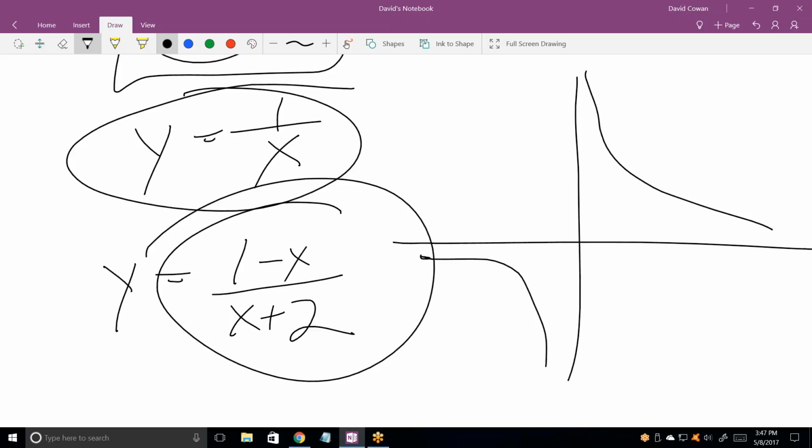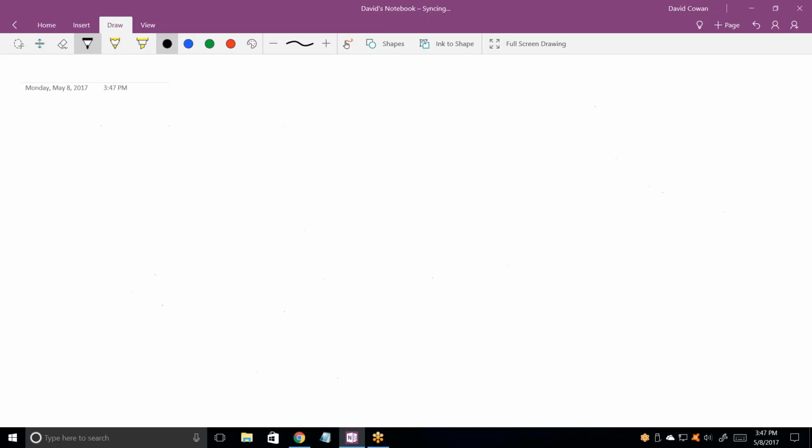Because all I have to do to graph that is figure out where my vertical asymptote is, where my horizontal asymptote is, graph either in the first and third or the second and fourth, figure out which one's correct, and there's my answer. So rational quotients are actually rather easy. You just have to always start with vertical asymptotes, horizontal asymptotes, and factoring.